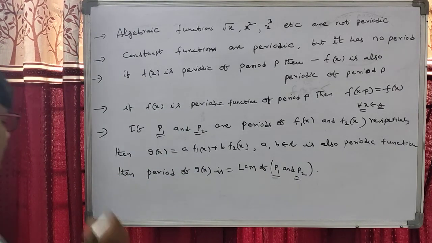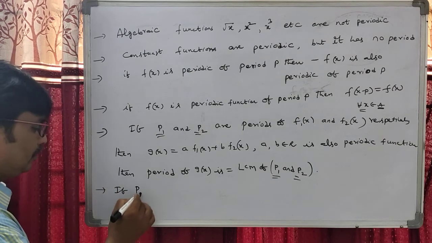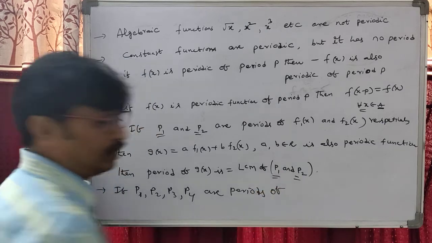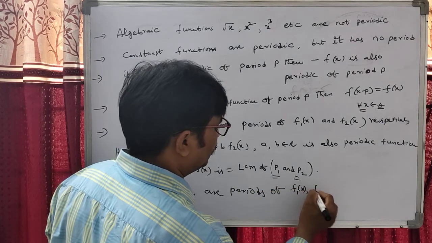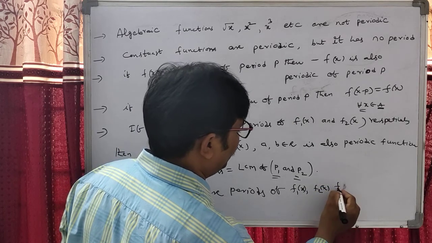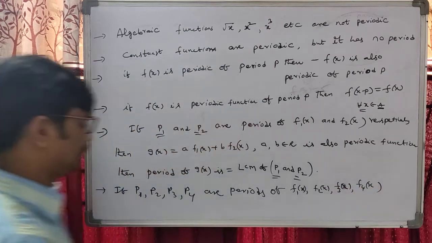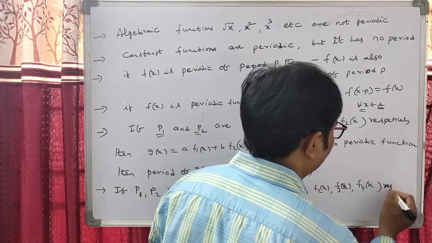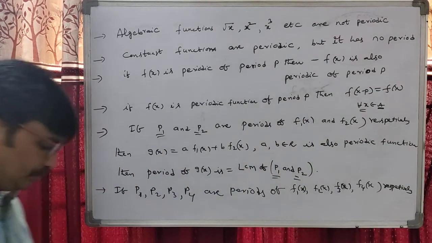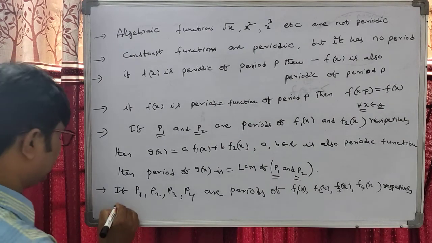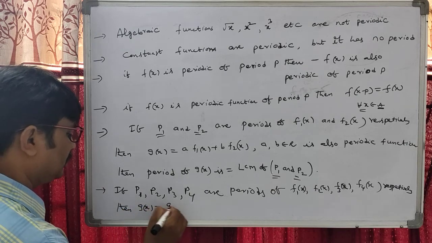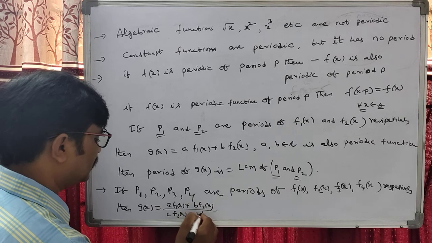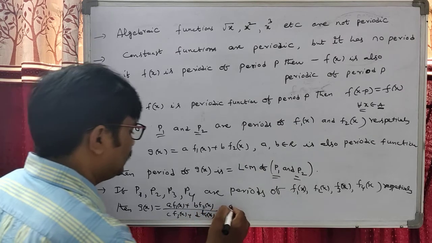Okay, students. After that, the next point: if P1, P2, P3, P4 are the periods of f1 of x, f2 of x, f3 of x, f4 of x respectively, then the function g of x equal to a into f1 of x, b into f2 of x, c into f3 of x, d into f4 of x is a periodic function.